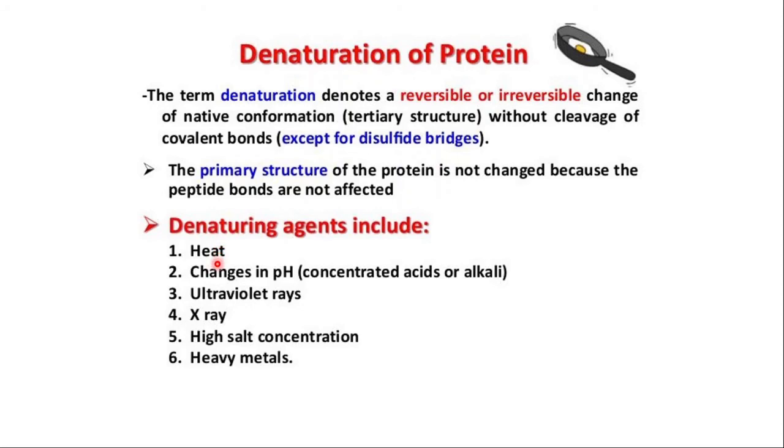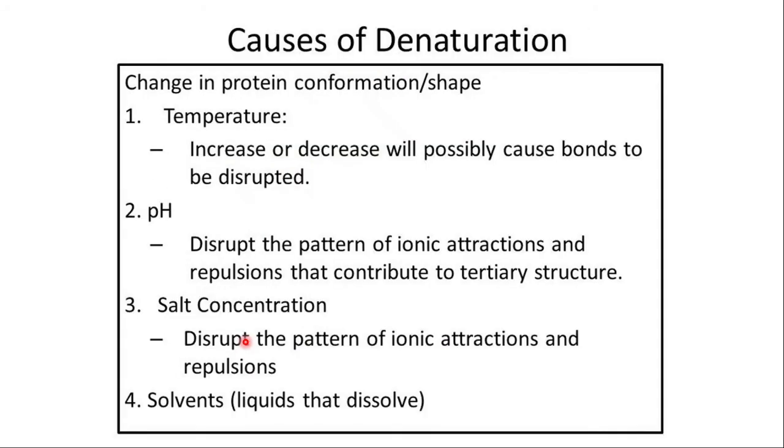So, these are the different ways: you apply heat, you heat it to high temperature, change in pH, make it either acid or strong alkaline, ultraviolet rays, X-rays, or high salt concentration and heavy metals. I think this is very much known to all of us, because heavy metals or salts just bind with the proteins, they make complexes with the proteins. That is what happens in the color formation of the proteins.